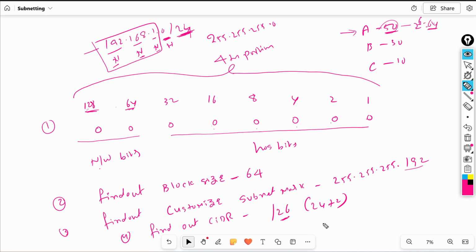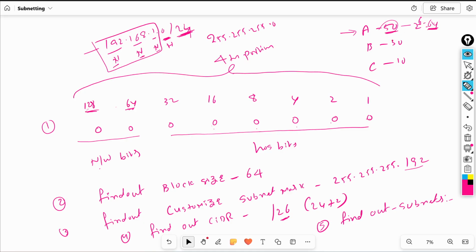The last step is to find out subnets. Subnets means small networks. If you divide this 192.168.1.0 network into 64, 64, 64, right? We are doing subnetting based on 64, not 50.